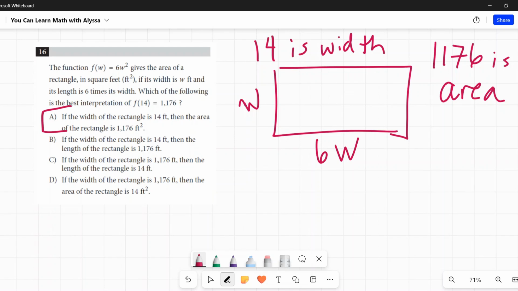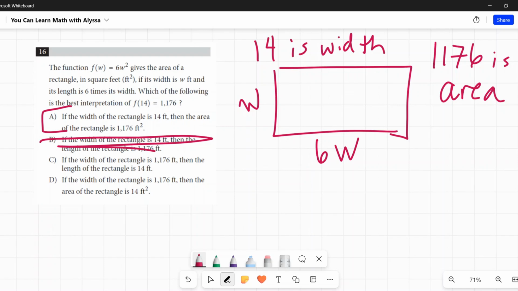B, if the width of the rectangle is 14 feet, then the length of the triangle is 1,176. No, that's crazy. 14 times 6 is not 1,176 at all. It is 84. C, if the width of the triangle is 1,176 feet, then the length is 14.